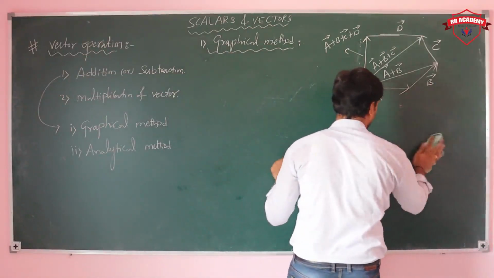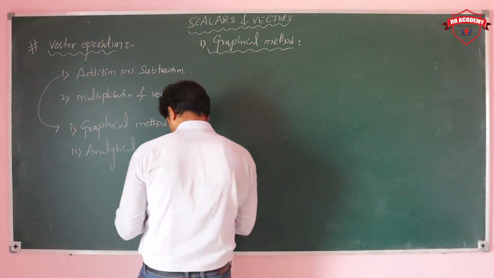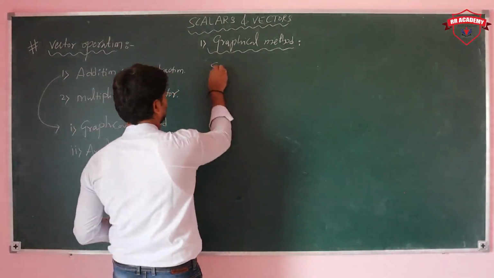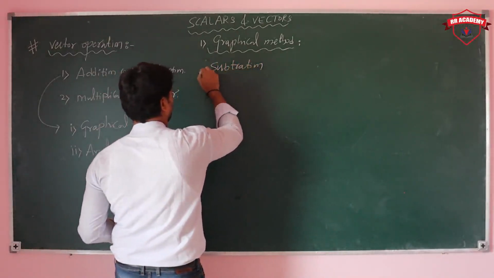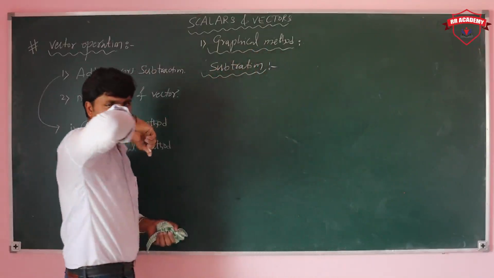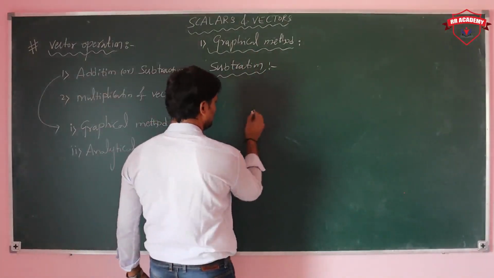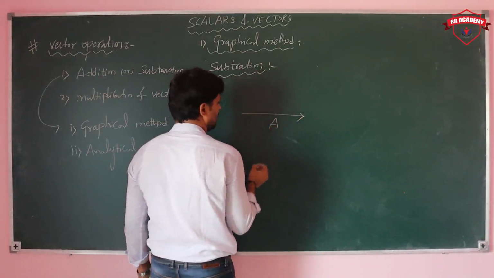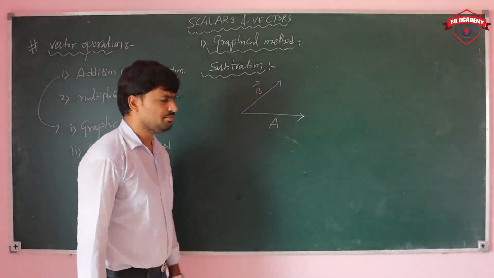Subtraction in graphical method. For example, this is vector A and this is vector B. How can we subtract both? Very simple.